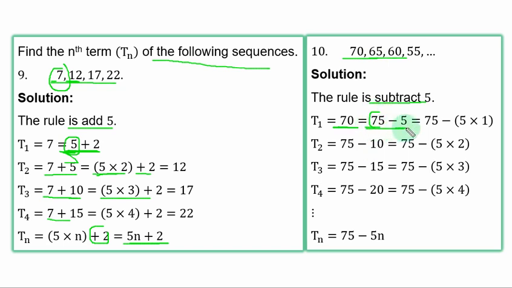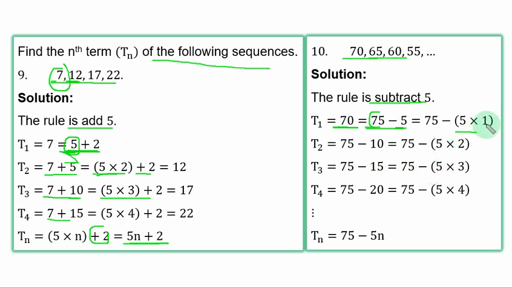Now look at 5, look at 10, 15 and 20. They are multiples of 5. For us to get the pattern, you can express 5 as 5 times 1. You can express 10 as 5 times 2. You can express 15 as 5 times 3, and so on.